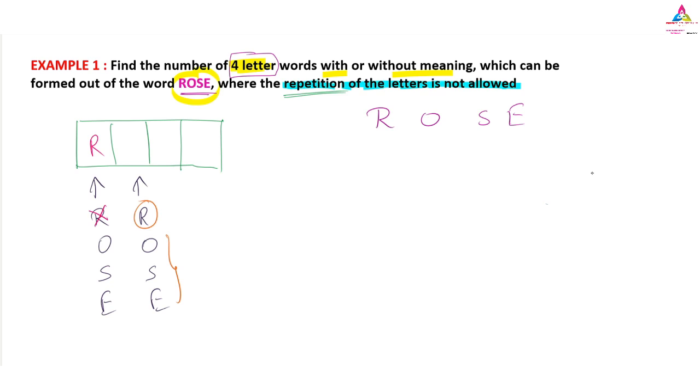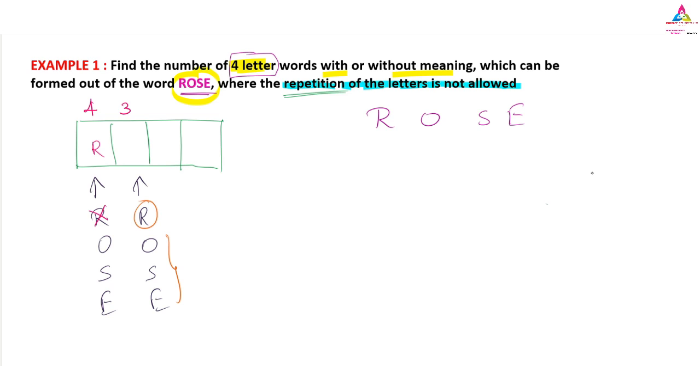Only 3. If we have 4 possibilities here, the second time we have only 3 possibilities. Let me write the numbers down, it will be better. Here 4 possibilities, here 3, because R is already taken, so I have to take something else.